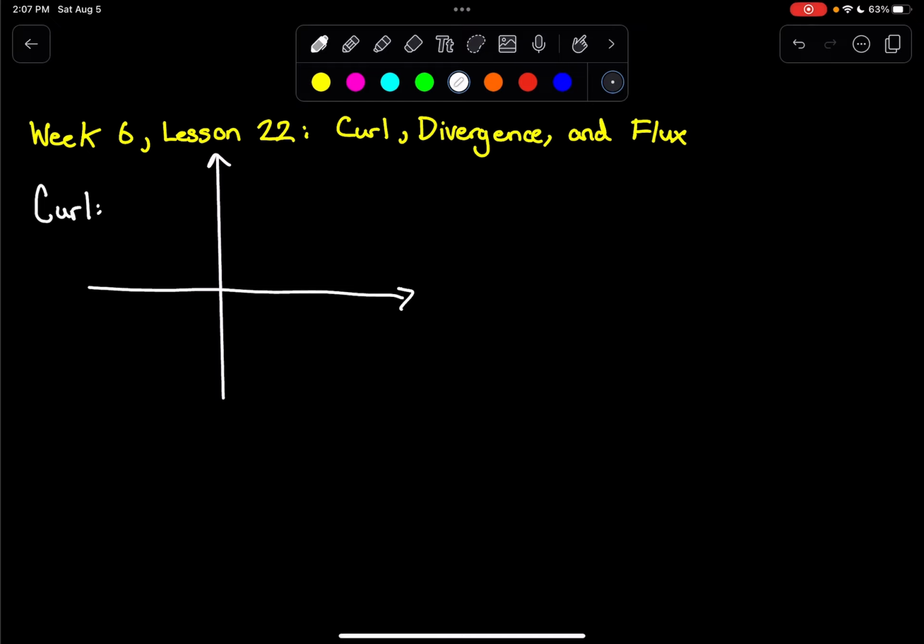Okay, so in a vector field, we have a whole bunch of vectors pointed in a bunch of different directions, like so.